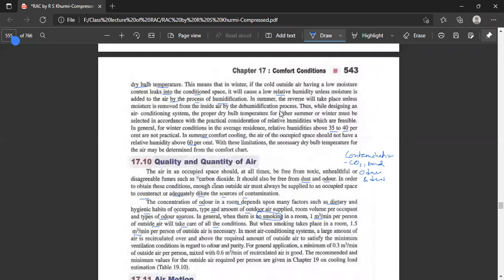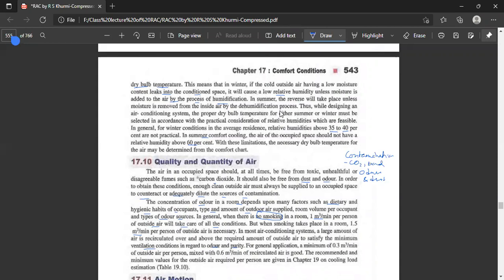In most air conditioned systems, a large amount of air is circulated over and above the required amount of outside air to satisfy minimum ventilation conditions in regard to odor and purity. So a higher volume of air is required to be supplied in the room to reduce the bad smell, to clear all the smoke and other toxic gases like carbon dioxide.